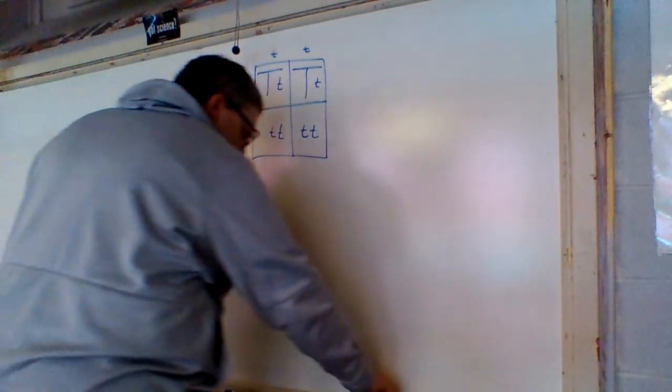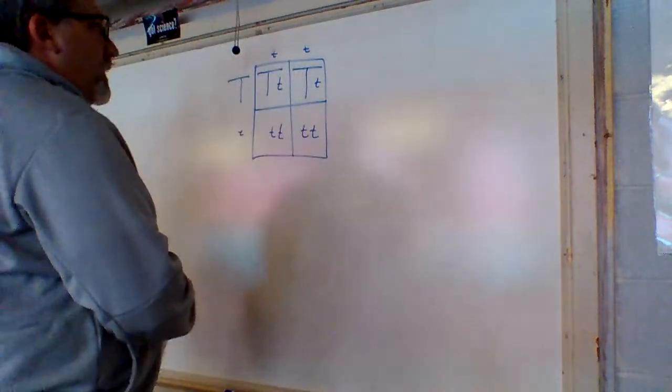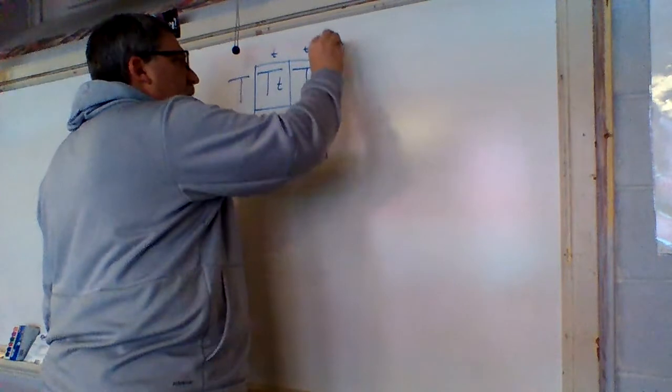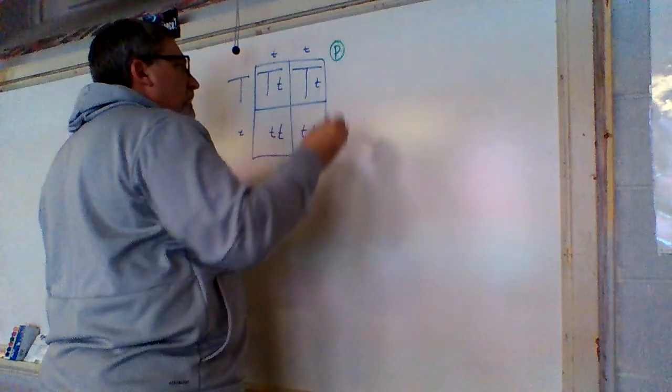Time to do the phenotype. Remember, phenotype is what you see. And here we're working with tall and short still. Big T equals tall. 1, 2, still 2 over 4, 50%.